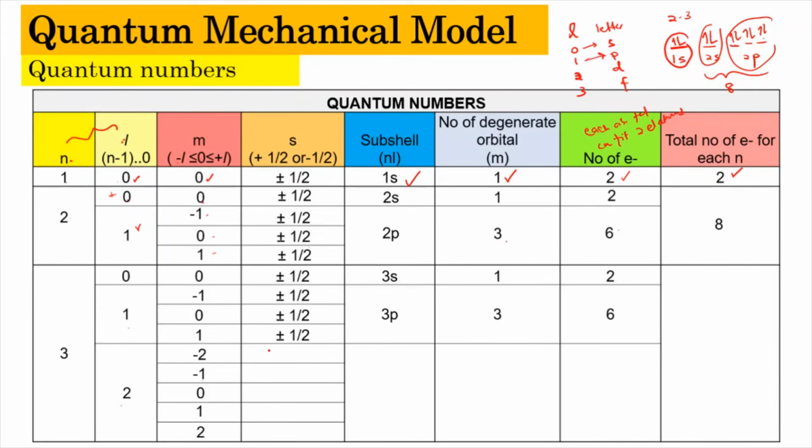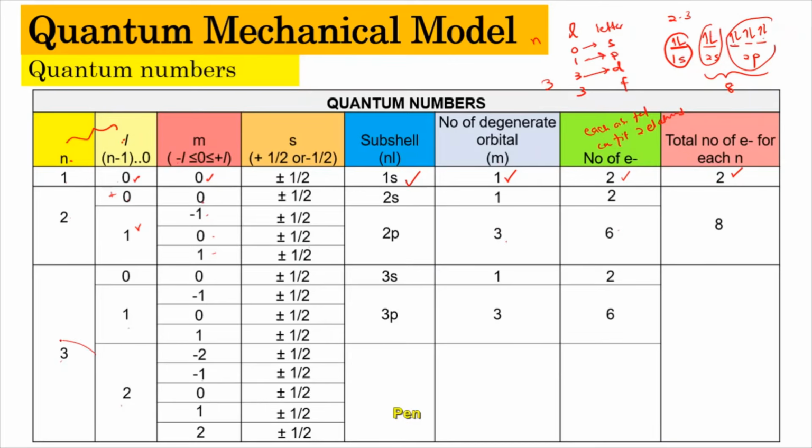And for each orbital here, they're going to have +½ and -½, and same goes for each orbital here. And then the subshell here, because it is 3, 2, is going to become 3d, because n here is 3, right? L here is 2.